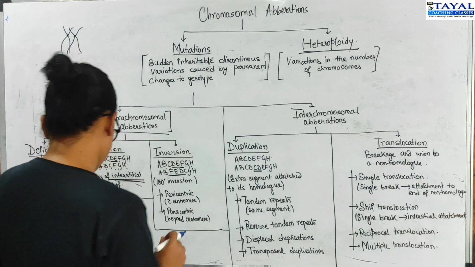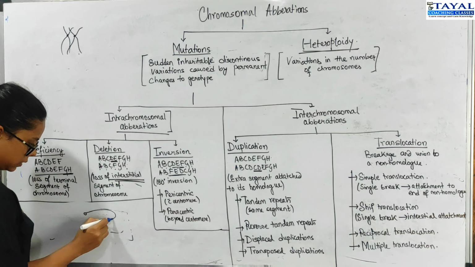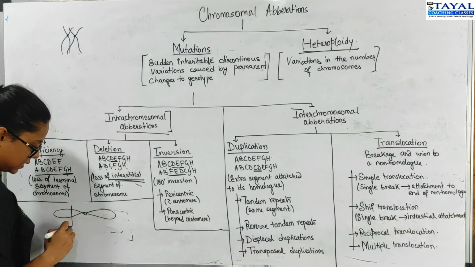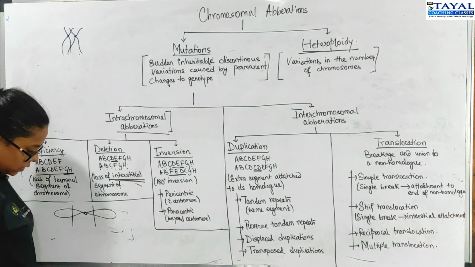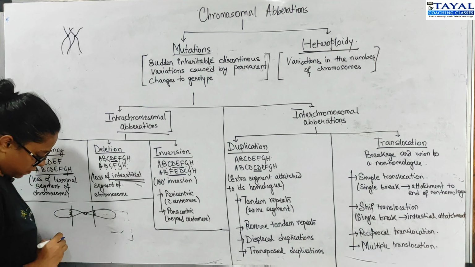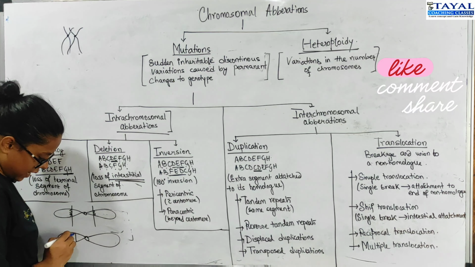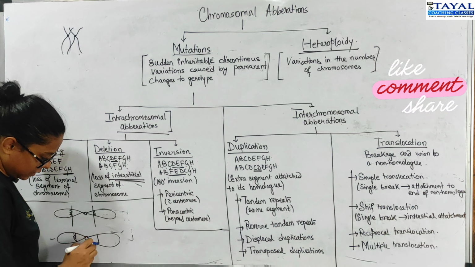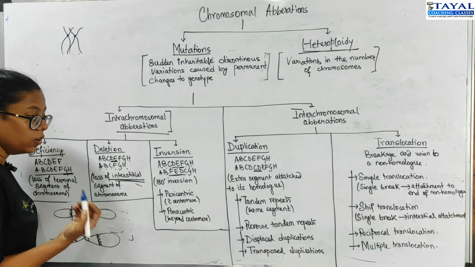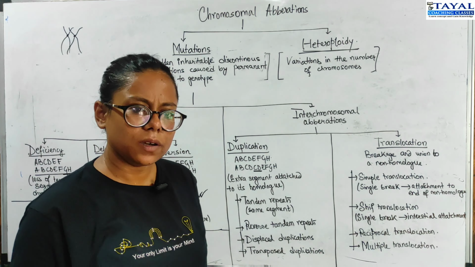Now when this inversion happens, let's say this is the chromosome and this is where the inversion is happening, right? So just to symbolize, let's say the inversion happens such that the centromere was involved in it, then we call it pericentric, so with the centromere.